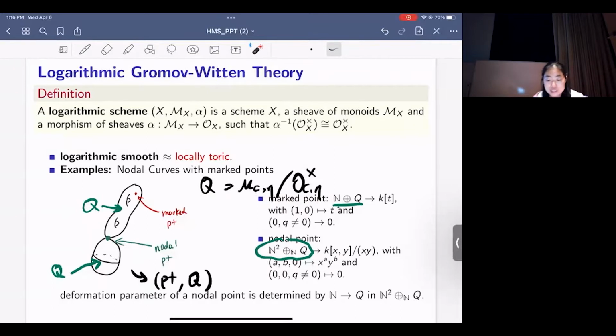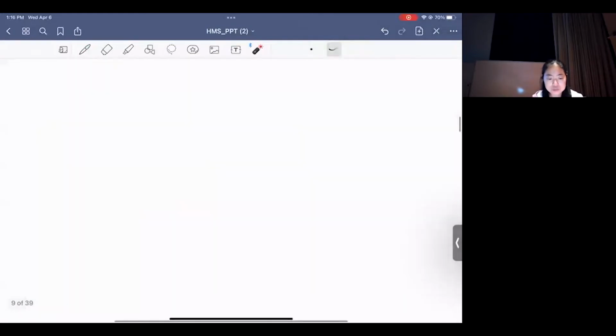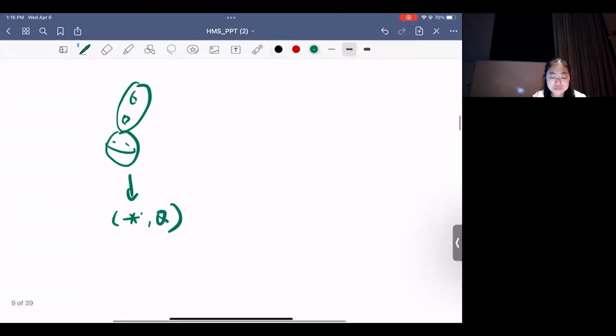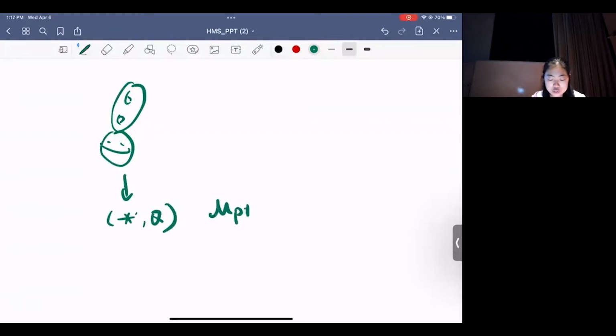Yeah, okay. So let me add another page over here, and let us look at the example that we had before. I am saying this is over a point, together with some Q, and Q is a monoid over here, and it defines a sheaf of monoids, because this is Spec k.